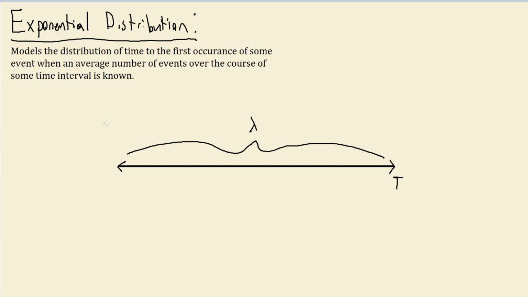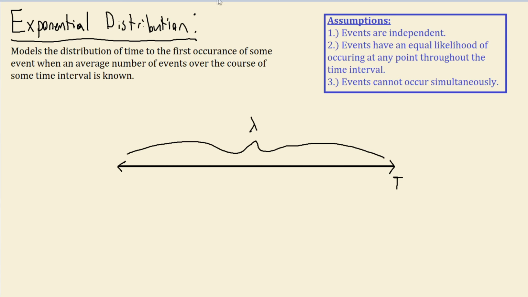and then we'll have all the information to completely characterize this distribution. If you recall, we had to make some assumptions to derive the Poisson distribution. We're going to have to make many of those same assumptions. All of these assumptions just allow us to essentially model this as a binomial distribution. We have to make the assumption that events are independent, and that there's an equal likelihood of the event occurring at any point in this subinterval.